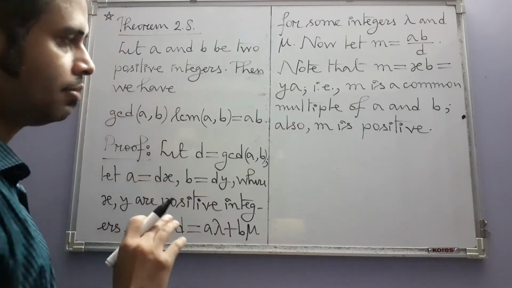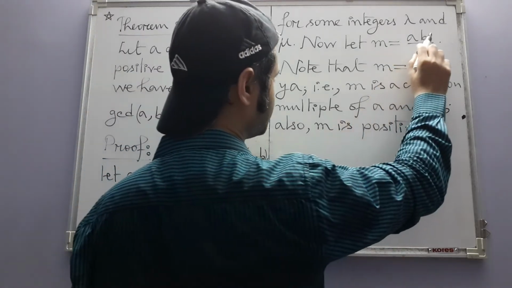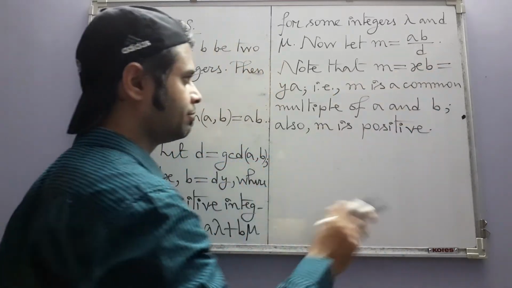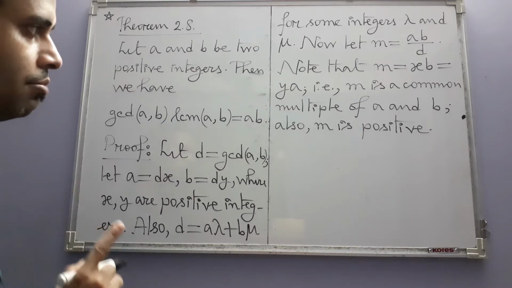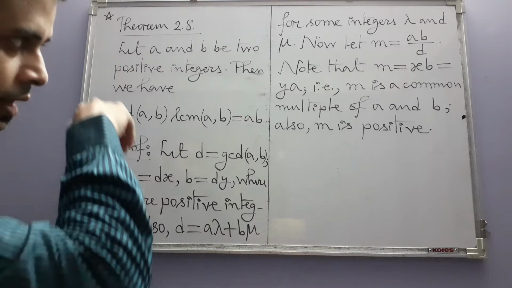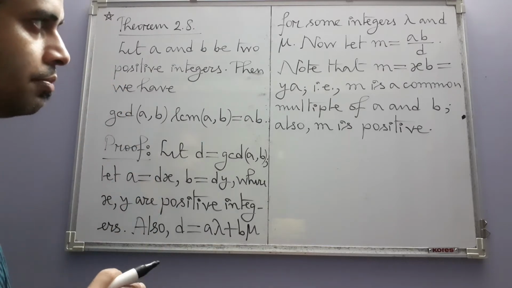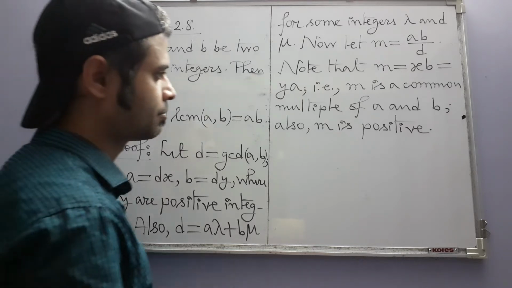At the same time, M itself is positive, and that positivity of M is coming from its very definition. A, B, D, all of these are positive, so naturally M is also positive. So M is a positive common multiple of A and B. Our aim, of course, you can guess, is to prove that M is the least such. It is in fact the LCM.